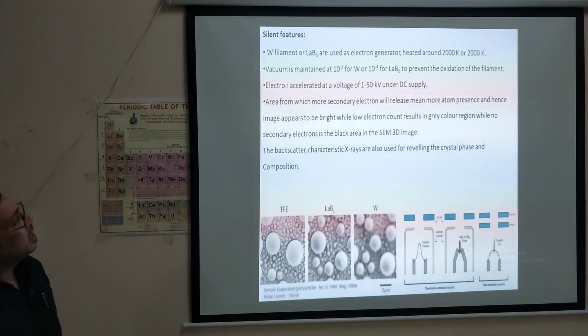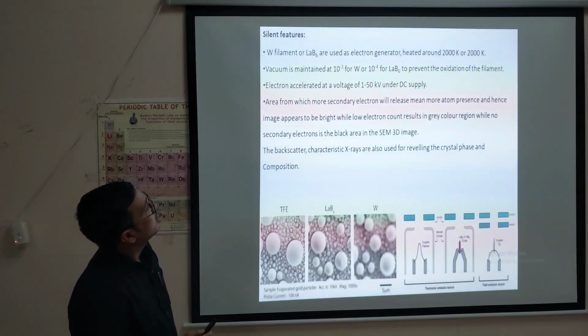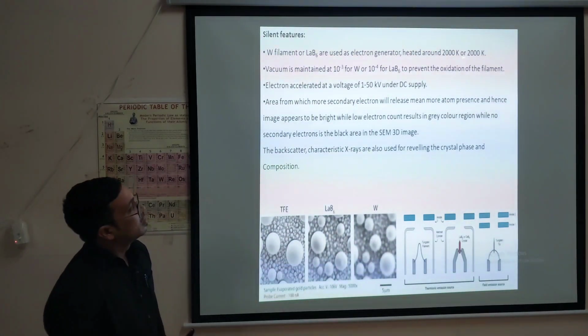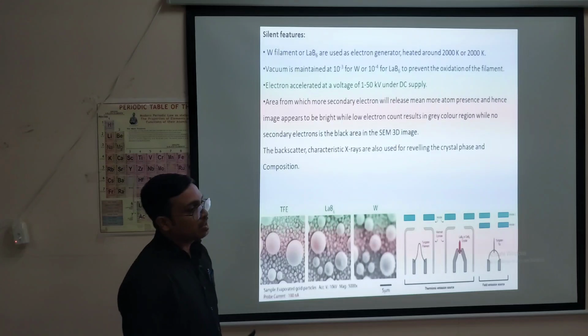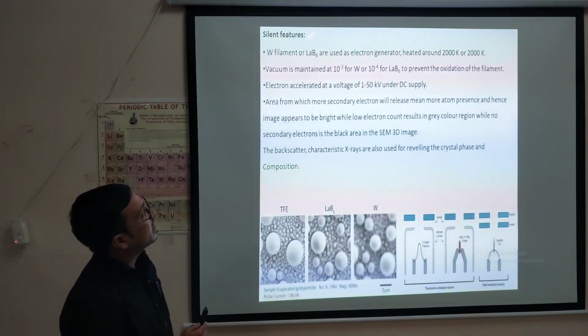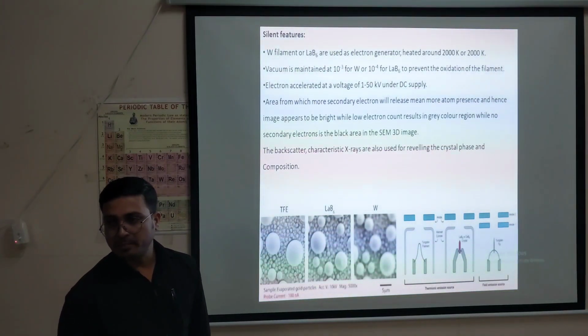Look, here I have written the salient features. Already I have mentioned all these things. Tungsten filament and lanthanum hexaboride are used as electron generators. Around 2000 Kelvin of heat is generated, and that much temperature is maintained.